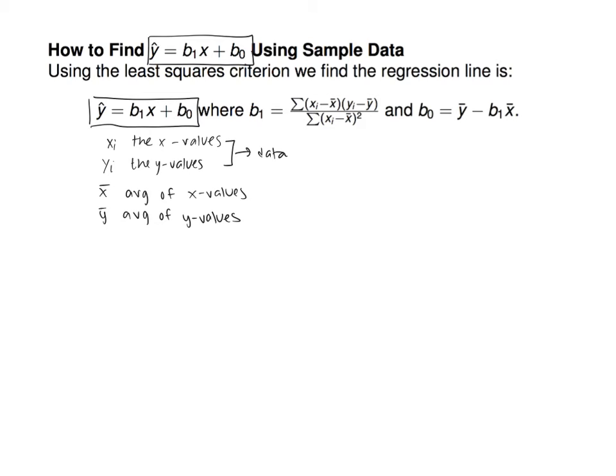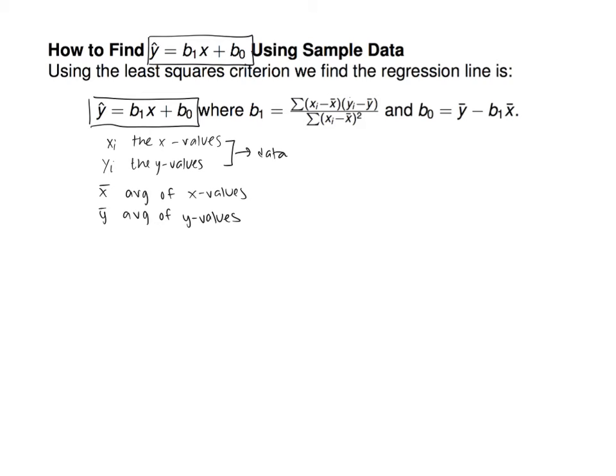So what you do is you take every x value minus the average times the y value minus the average. So that'd be x1 minus x bar, y1 minus y bar. So first x minus the average x times first y minus average y, plus second x minus average x times second y minus average y. All that added together divided by the sum of the xi, so the x values minus the mean of the x's, squared.